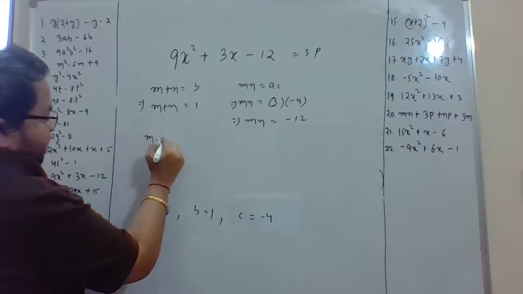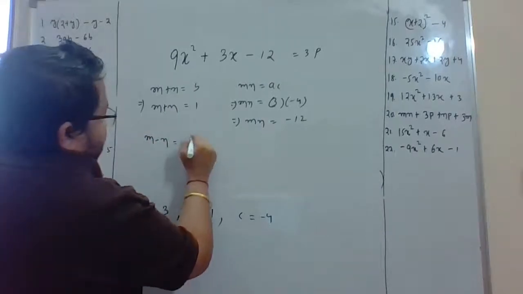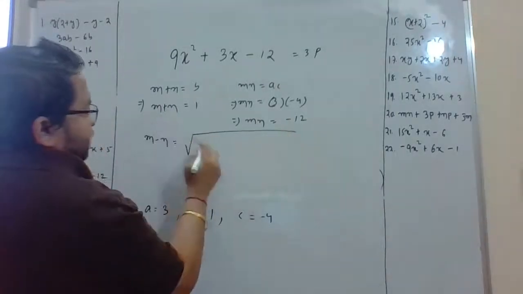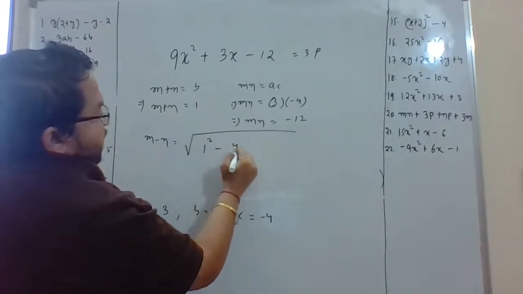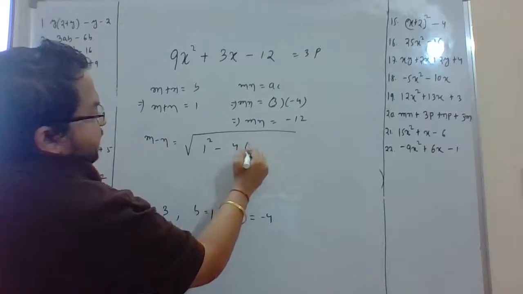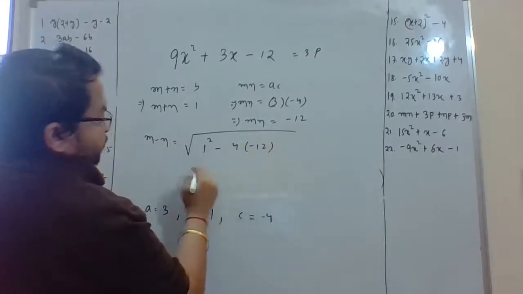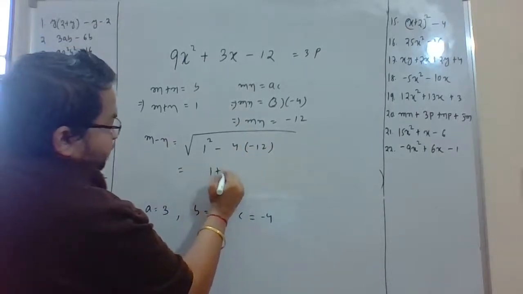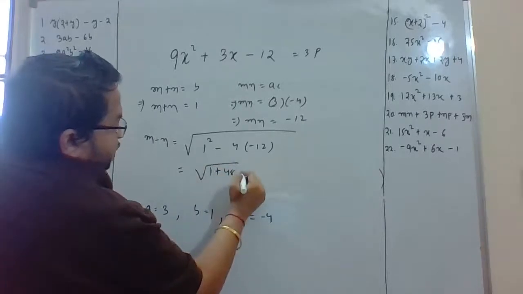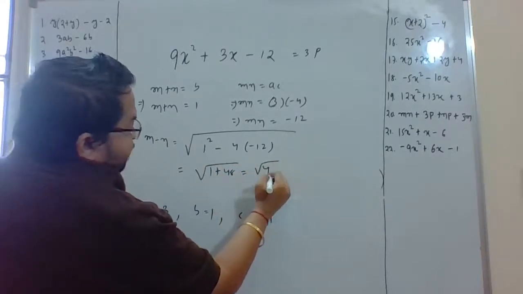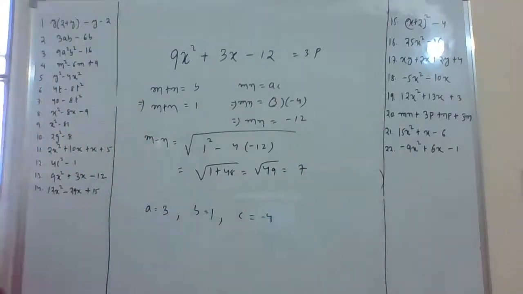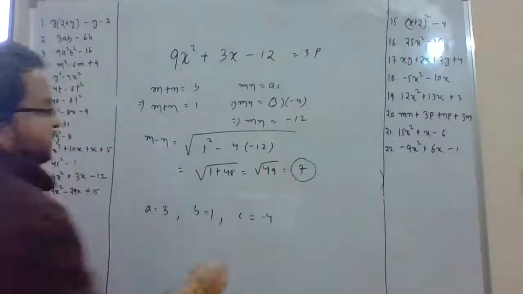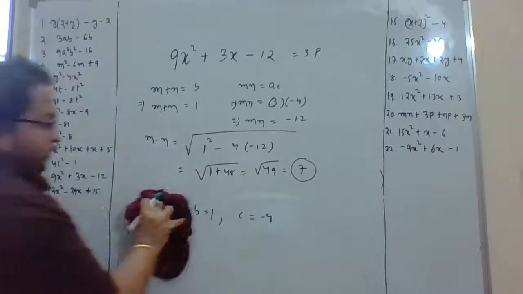So m minus n will be the root of (m plus n) whole square minus 4 into mn, that is 1 square minus 4 into minus 12. So that is root over 1 plus 48, root over 49, that is 7. So m minus n is 7.